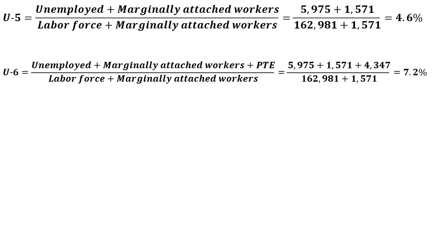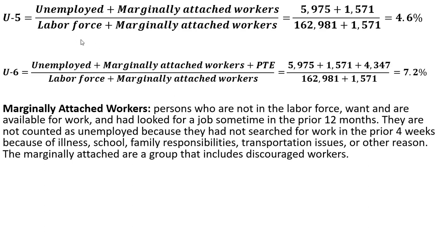We have a U5 and U6 measure of unemployment. The U5 measure of unemployment is broader yet. It includes the unemployed, but it's also now including what I call marginally attached workers. Marginally attached workers are persons who are not in the labor force. They want and are available for work and had looked for a job sometime in the prior 12 months.